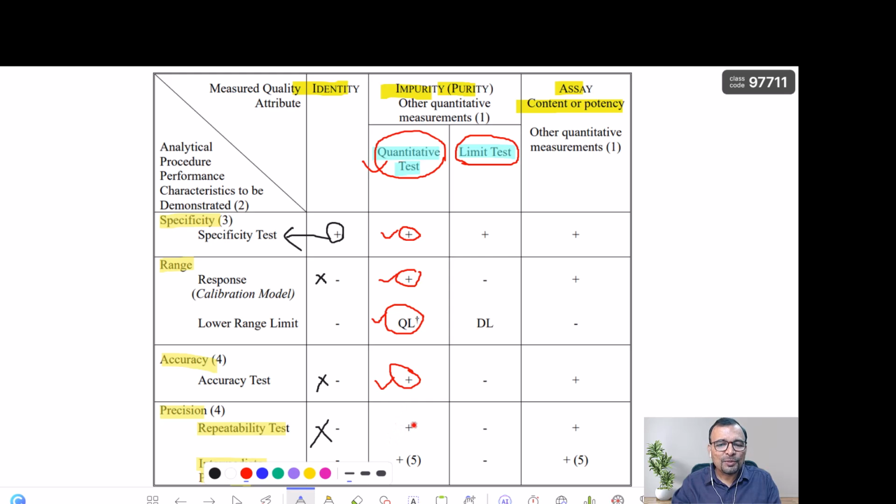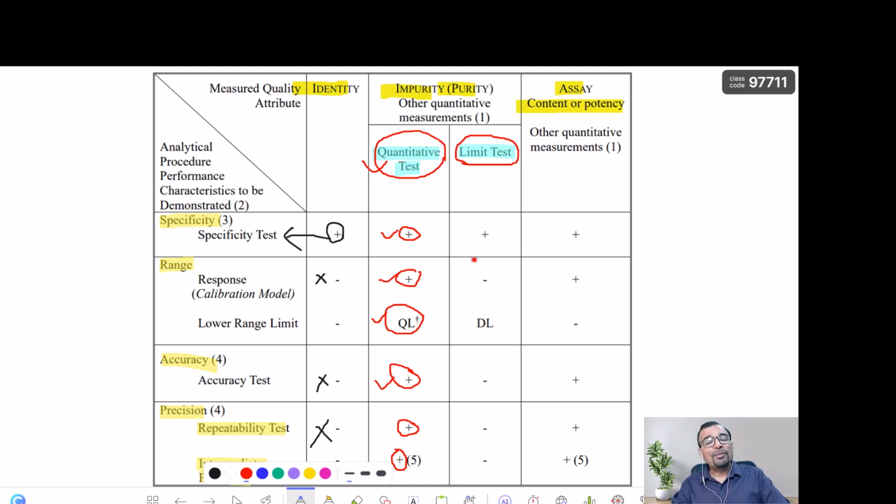Precision also needs to be performed, and there could be two different types of precision. One is repeatability, and another is the intermediate precision. So both precision studies need to be performed during the impurity analysis for the quantitative test.